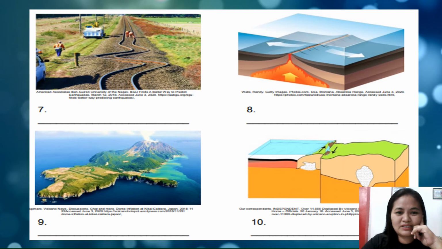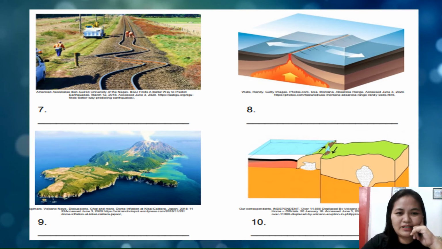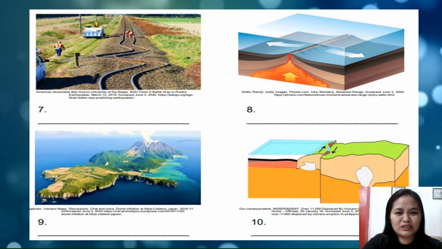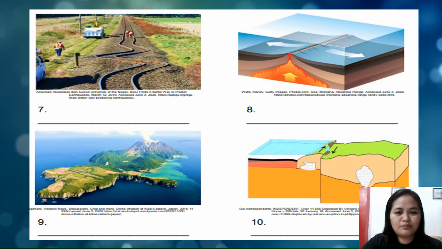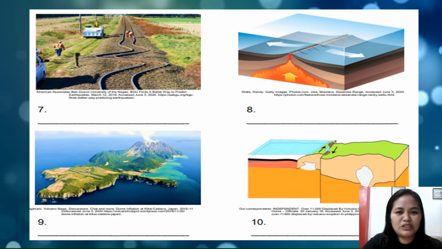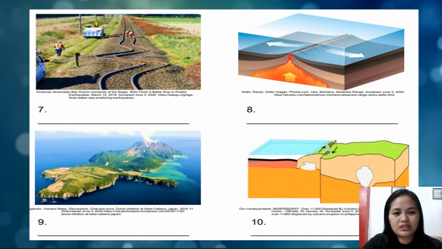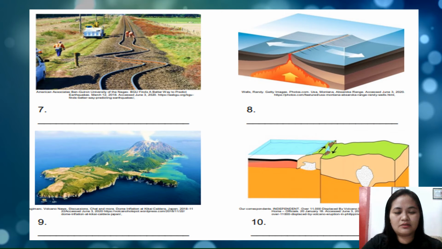Okay, number 7 na tayo. The same thing happens in number 7. This railway is being disaligned. In Filipino, nawala sa linya yung riles. Why? Because under is a ground movement. What kind of boundary is involved?